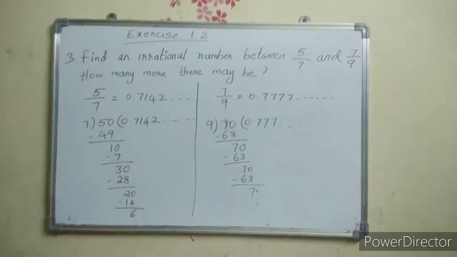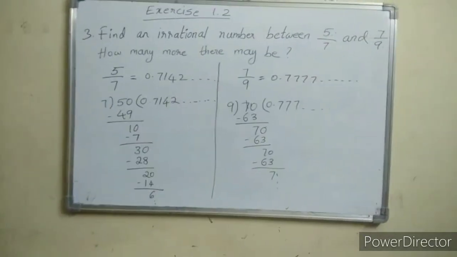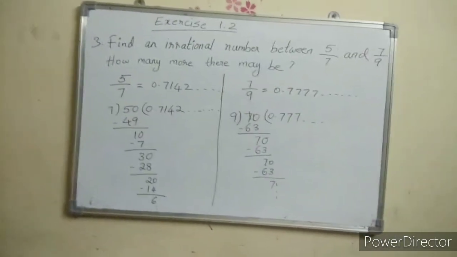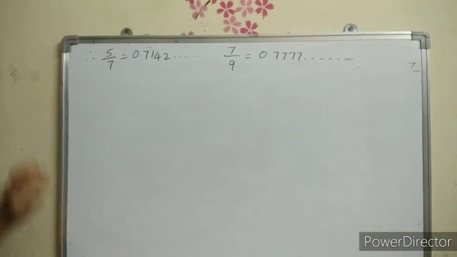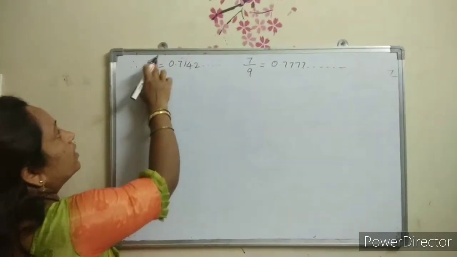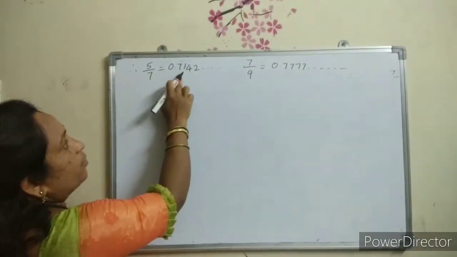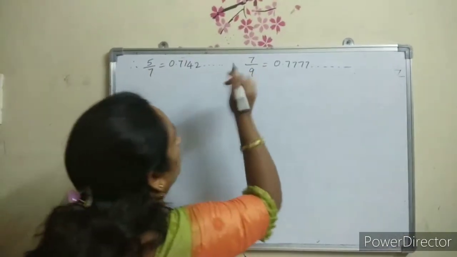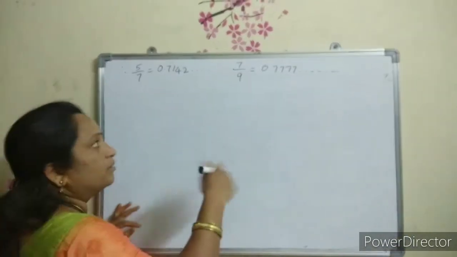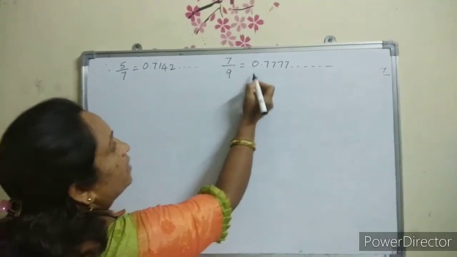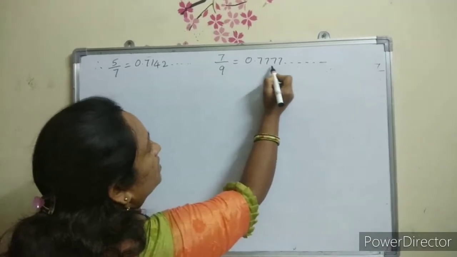Okay. Now let us find one irrational number from this. After converting the p by q form into decimal form, we got 5 by 7 equal to 0.7142 and so on. Here the digits will not be repeating in a simple way. Now 7 by 9 you got as 0.7777.